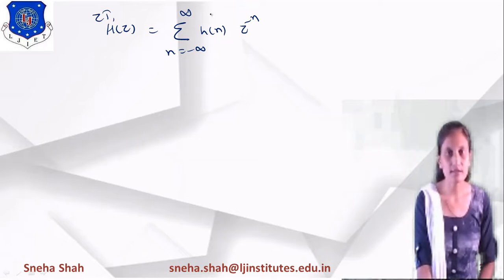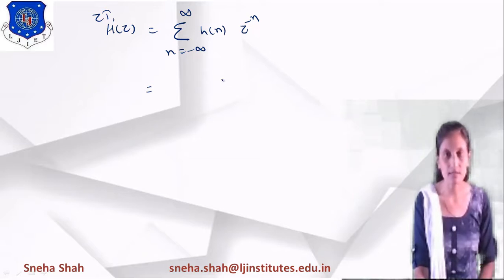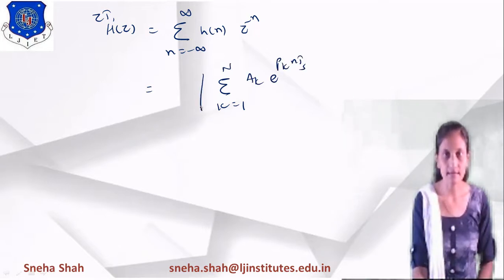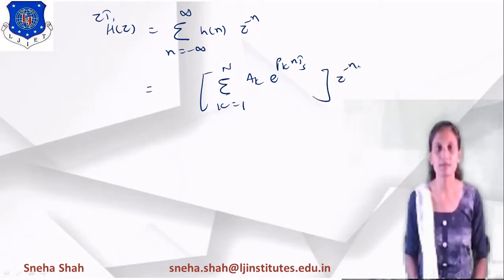Now I put in the value of h of n, which is the summation k equals 1 to n of A_k e raised to p_k n Ts, and z raised to minus n remains as it is.